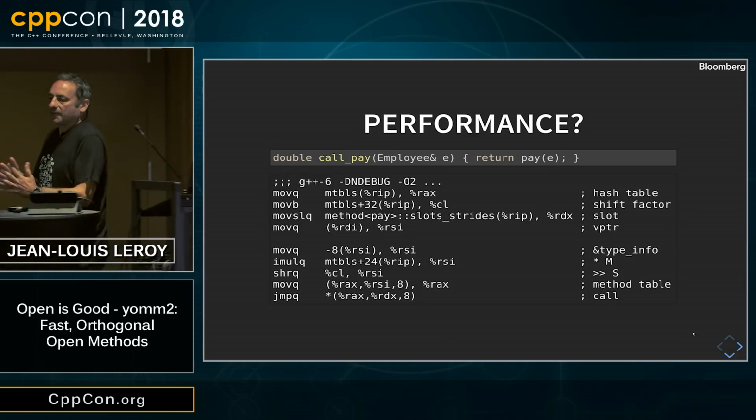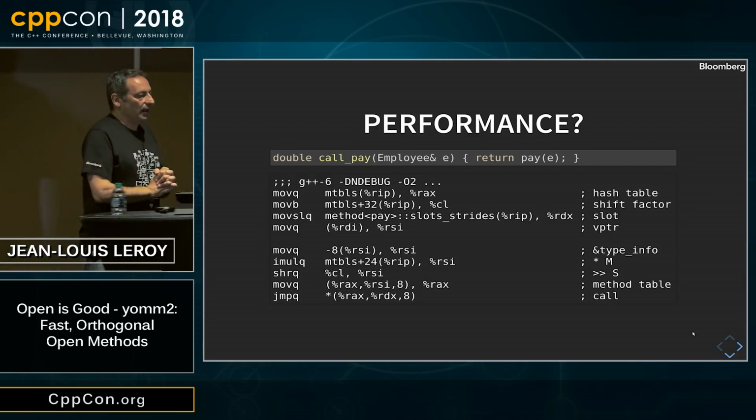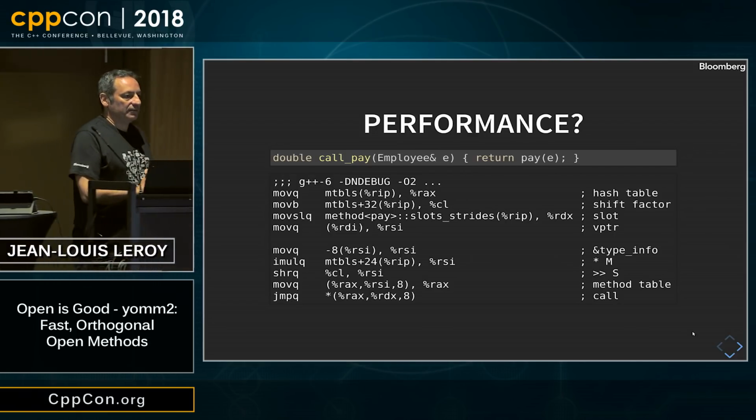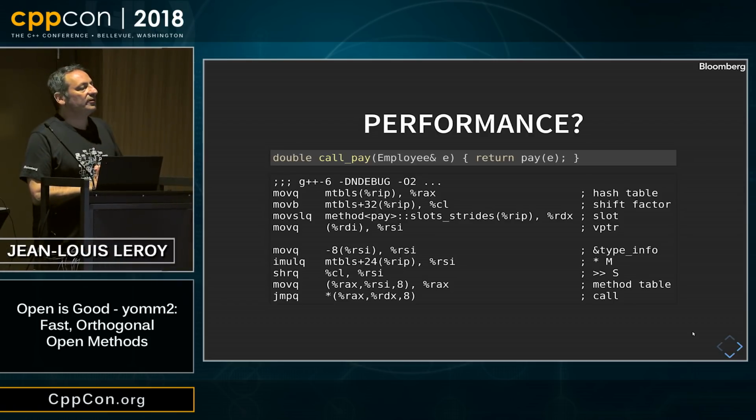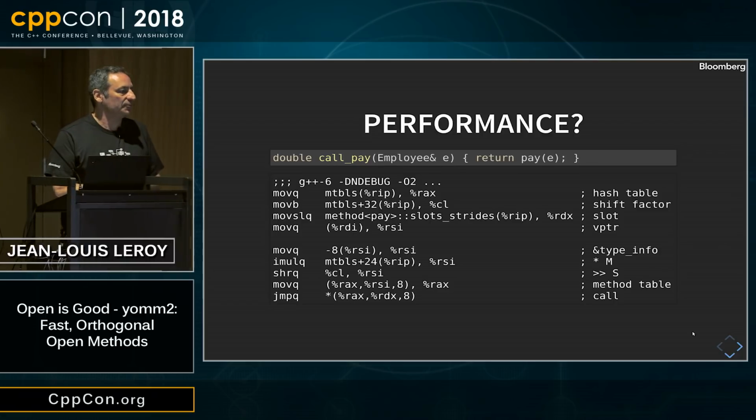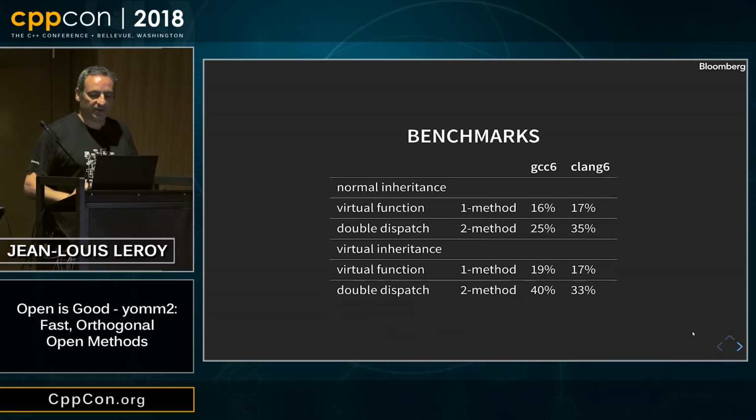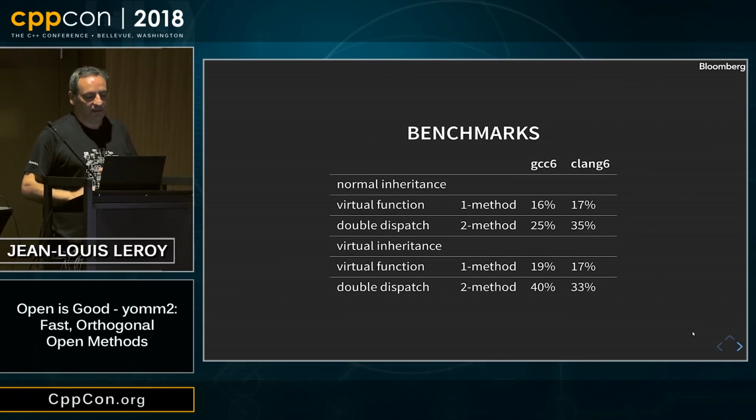Okay, performance. Open methods are, at least in this implementation, almost as fast as virtual functions supported by the compiler. I have a benchmark here, benchmarks.